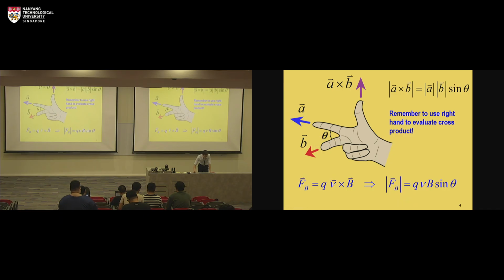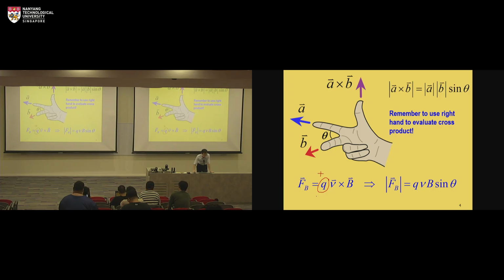Of course, to be more accurate, this only gives you the direction of v cross b, not necessarily FB. To determine the direction of FB, you also need to consider this q. If q is positive, then this is FB. If q is negative, then you need to reverse it to get FB. Right? Make sense?